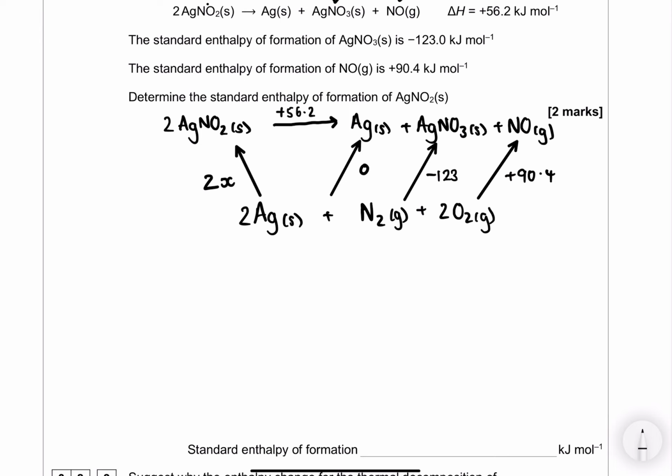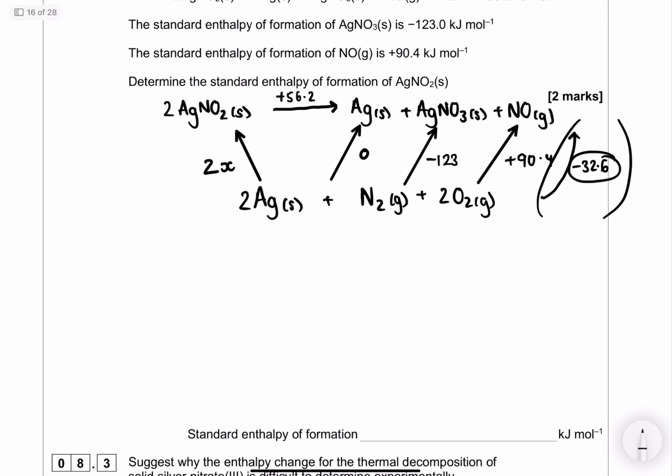If we add up the right-hand side, we've got minus 123 and plus 90.4. So in total, the total of this arrow is minus 32.6. So let's just put that in brackets so we don't get confused.